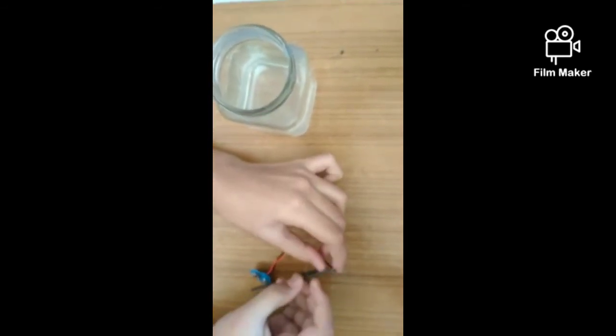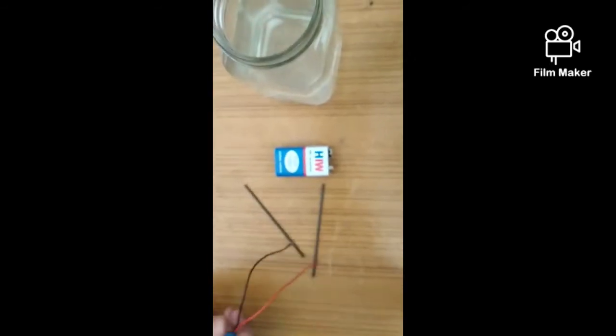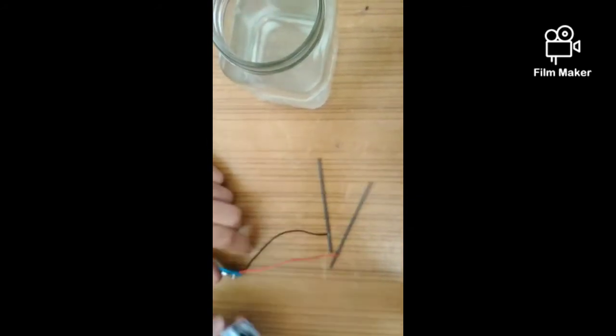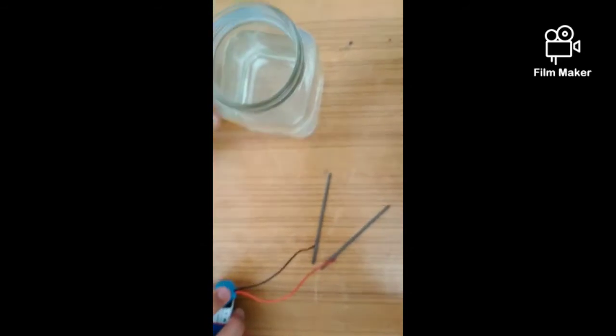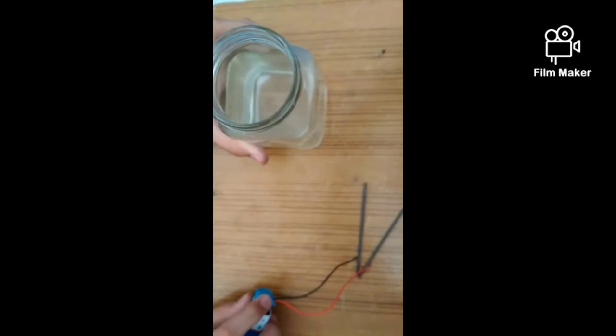Now we should connect leads to the connector. We should connect like this, and now we should connect the battery to it. And now we should keep it in salt water. Now let's test.